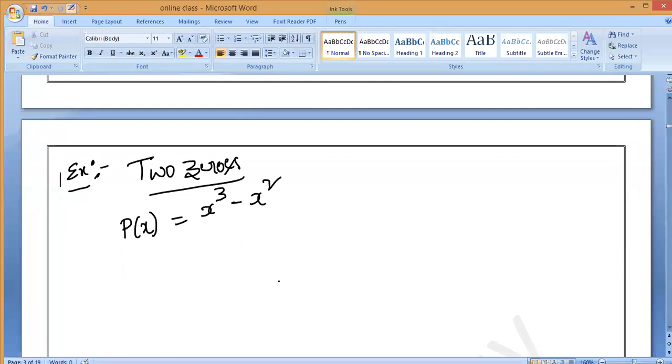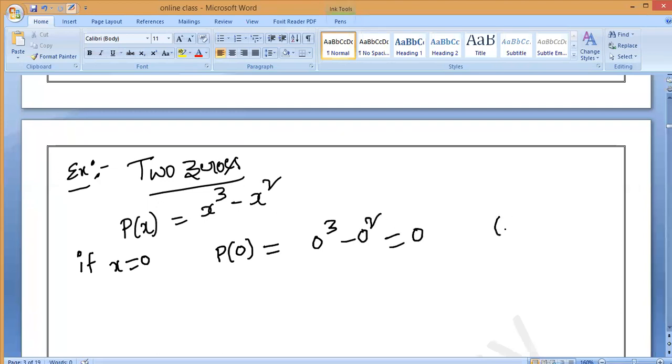Take some values for x. If x equal to 0, what is the value? 0 cube minus 0 square is 0. So the point is 0 comma 0.